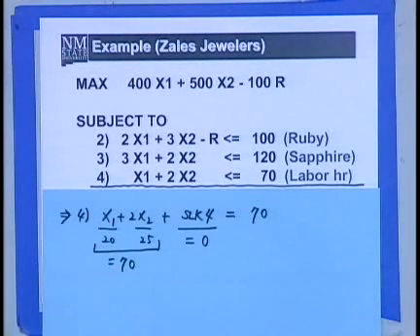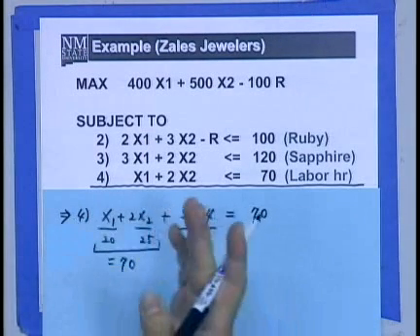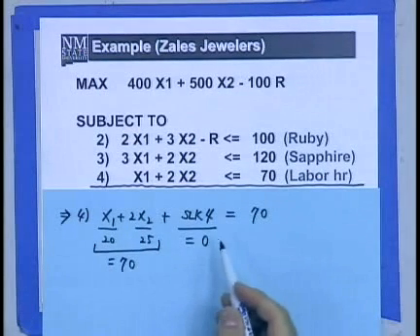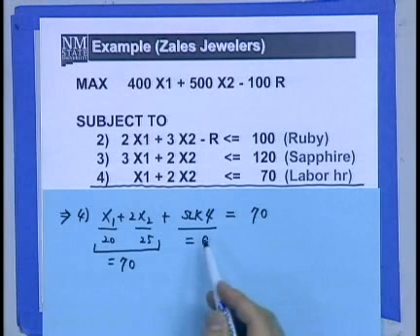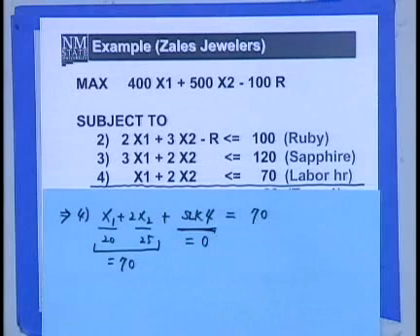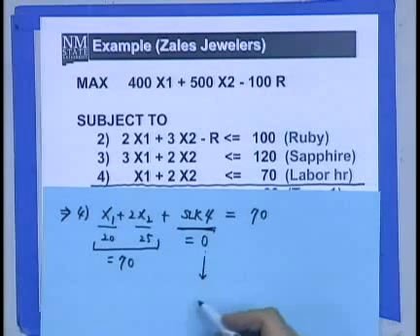So, in order to determine the effect of the manufacturing plan of increasing labor hour by 1 hour, we must decrease the slack variable slack 4, which is the unused labor hour, from 0 to how much?